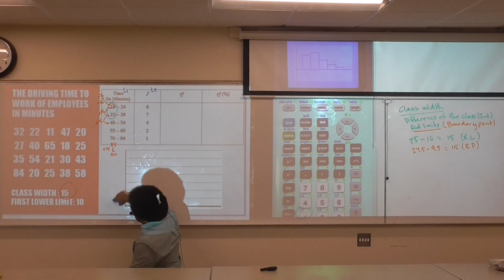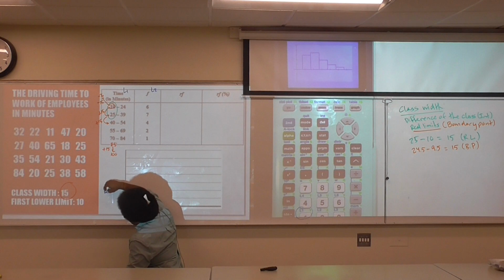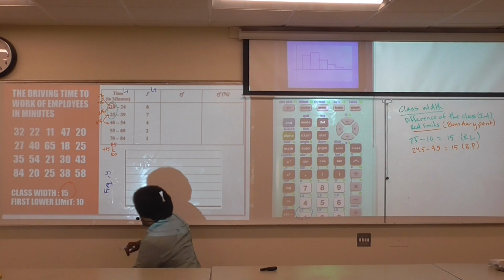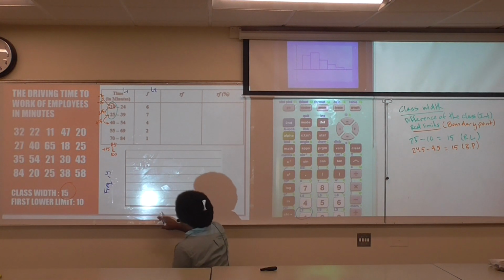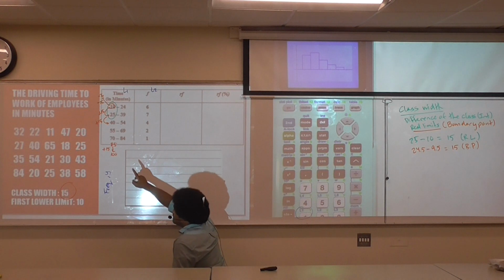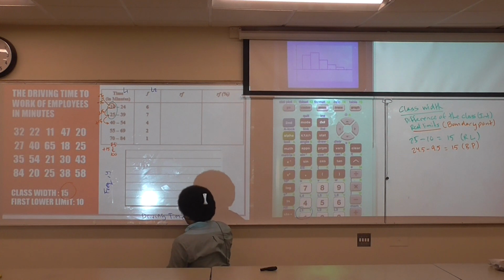So remember, the y-axis is supposed to be your frequency at this time, or any type of frequency we're going to be doing. So we have frequency, and we know these are your y values. And on the bottom, we have, once again, our x values, which is supposed to be the variable we looked at, and that's the driving time, in minutes.